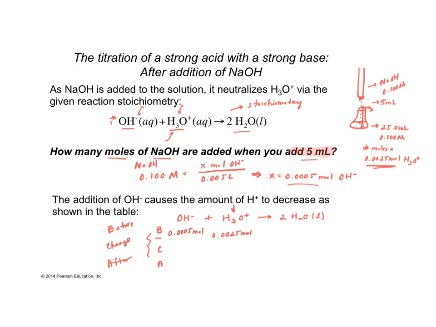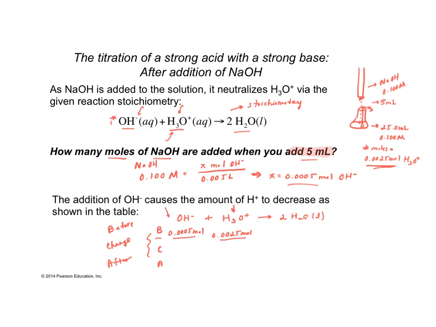So now we're going to look at this and say, okay, we had this much, we have added this much. Which one is the limiting reagent? When these react, one of them we are going to run out of first. The limiting reagent for this problem is the OH minus.